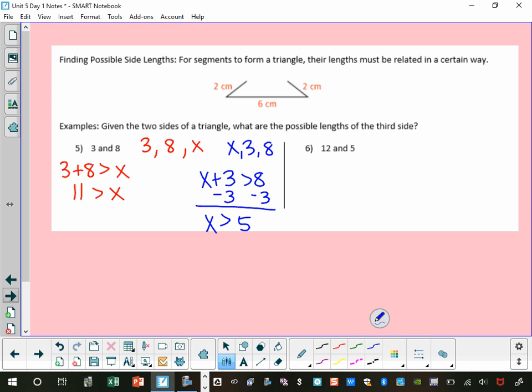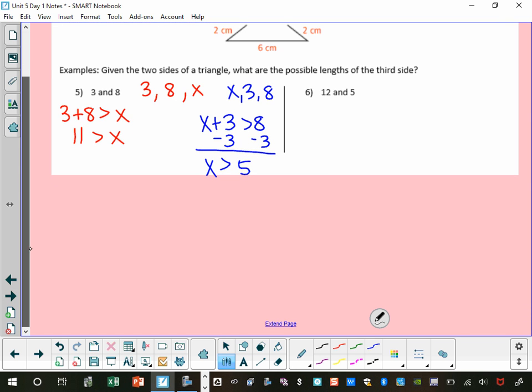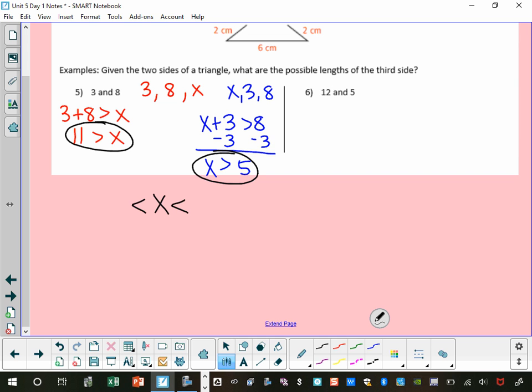What we did was make a compound inequality by saying x is in the middle. It is going to be greater than something and less than something. Out of these two answers, x will be greater than what? What's your smaller number? 5, and it will be less than 11. You guys remember that? Okay, so that's the official way of doing it.